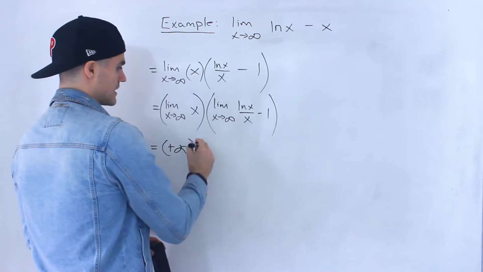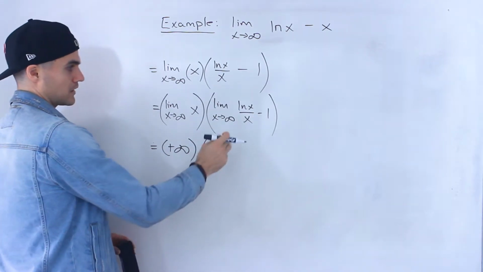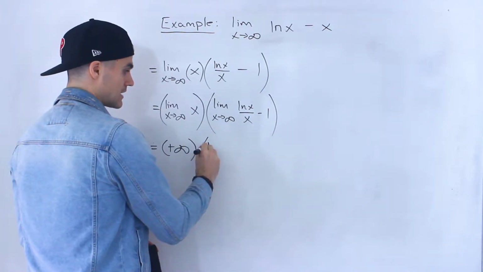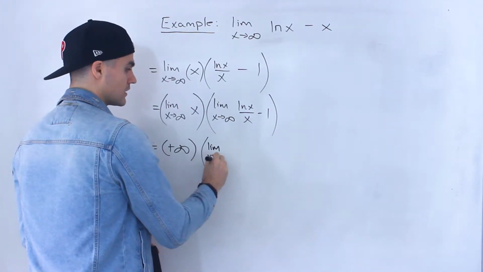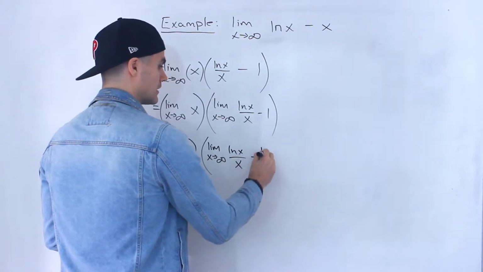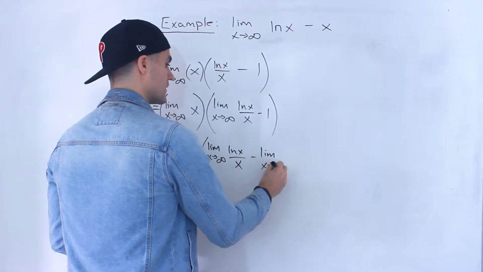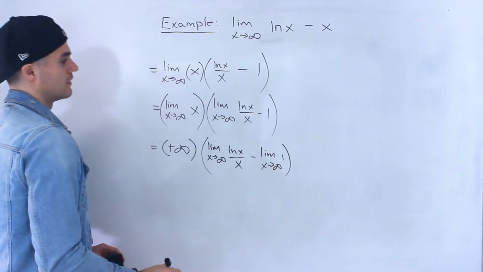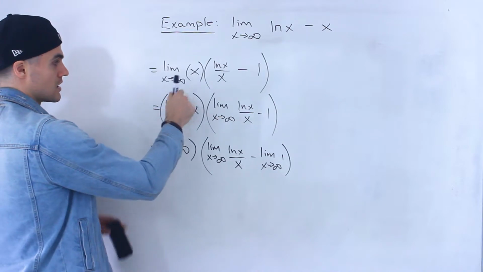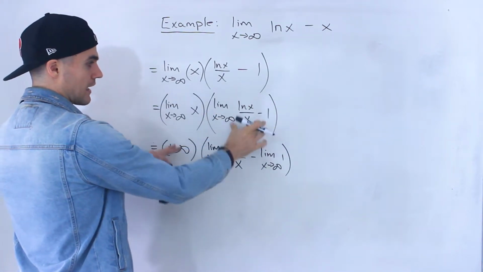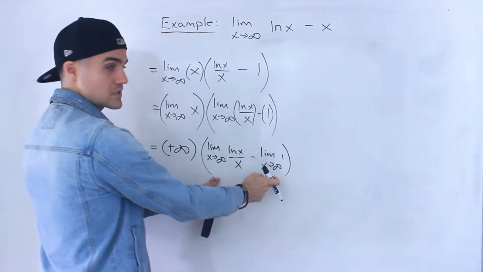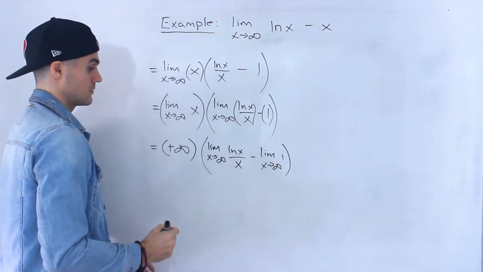But this limit here, it's not as obvious. So what we can do is the properties of limits again. So we can take the limit as x approaches infinity of ln x over x minus the limit as x approaches infinity of 1. Right? So I applied the properties of limits twice to the overall function here, and then to this function. It was two functions that were subtracting, so we could split it up into two limits.